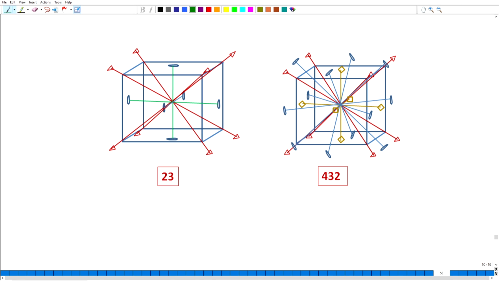The point group for the 2-3-3 combination is called 2-3, only 2-3, for similar reasons as before, and 4-3-2 for the second case.